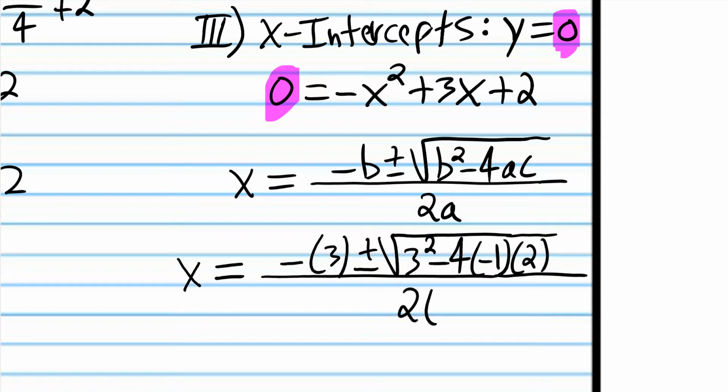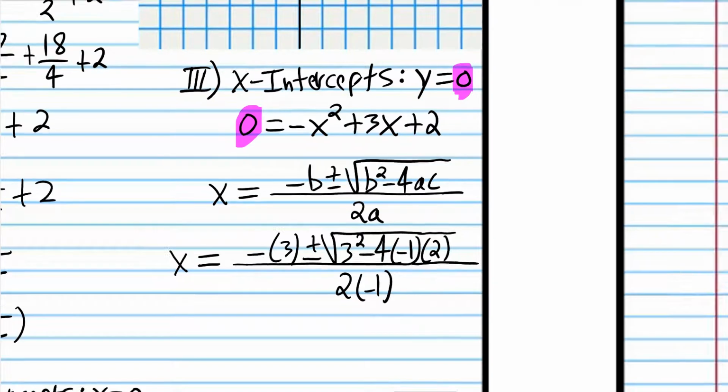And of course, we plug in a down here also. So just to be clear what's going on, that negative 1 came from there, and the 3 came from there, and of course the 2 came from there.